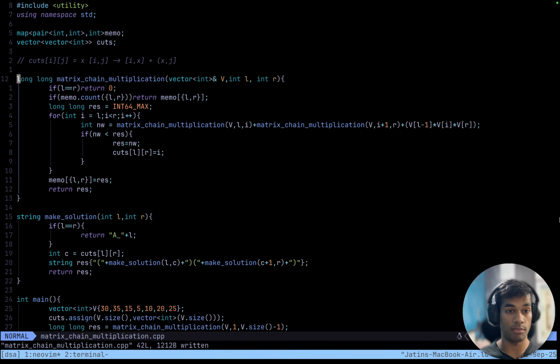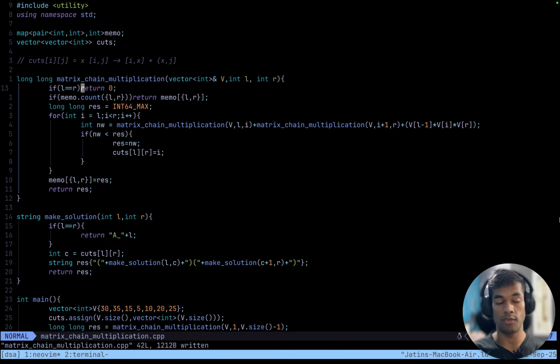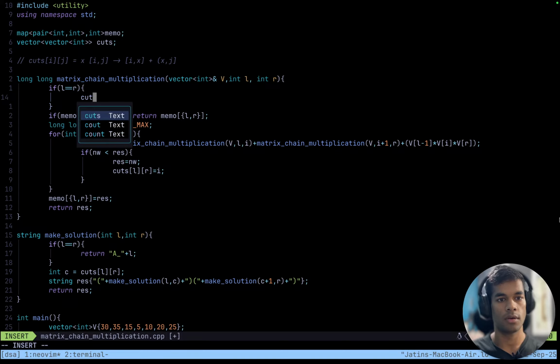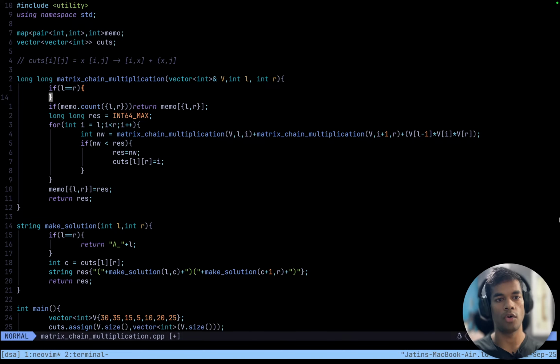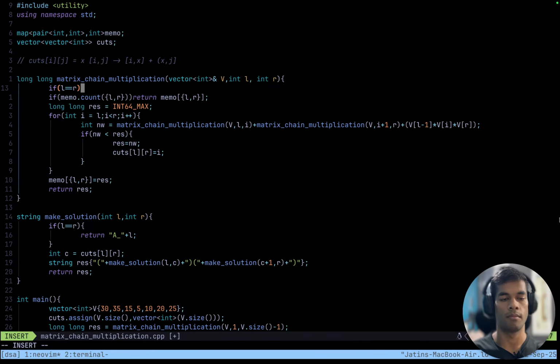I guess that is because when this is the case, we have to update. Makes sense. When this is the case, cuts, or we can fill cuts initially. Return 0.